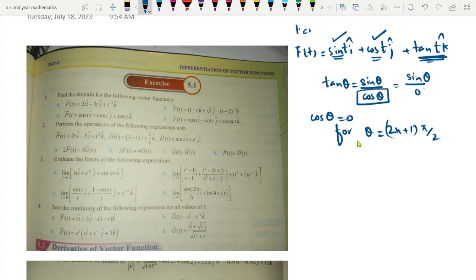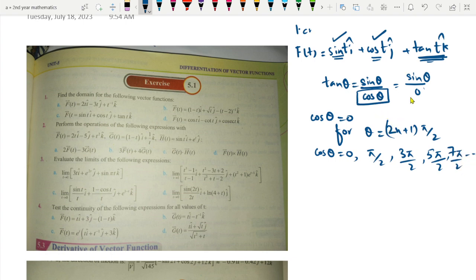So for these values, cos of theta is equal to 0 and this will become undefined. We know that cos of theta is equal to 0 for pi by 2, for 3 pi by 2, for 5 pi by 2, and 7 pi by 2 and so on.